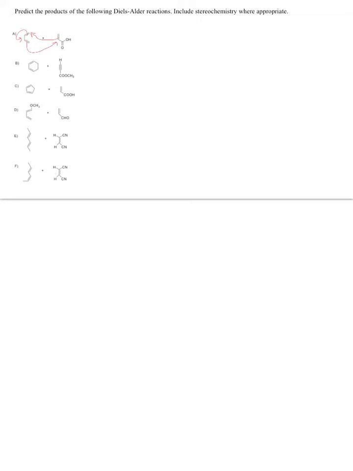So when you redraw the first product, draw your six-membered ring. These are your new sigma bonds. That's your new pi bond. And then you draw in your carboxylic acid. That's your first product.